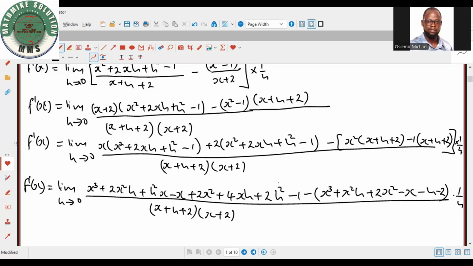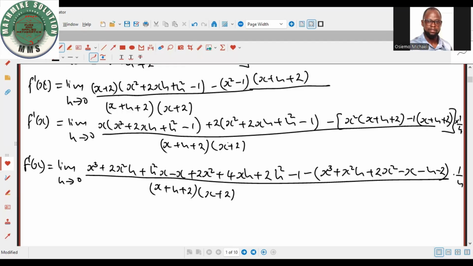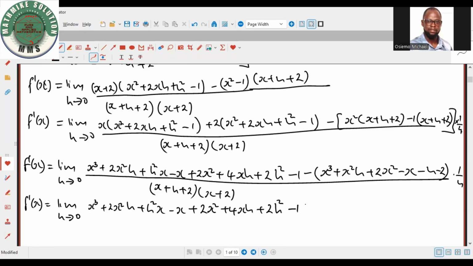So we want to open up this bracket. We're going to have f prime at x equal to the limit as h tends to 0 of x cubed plus 2x squared h plus h squared x minus x plus 2x squared plus 4xh plus 2h squared minus 1.